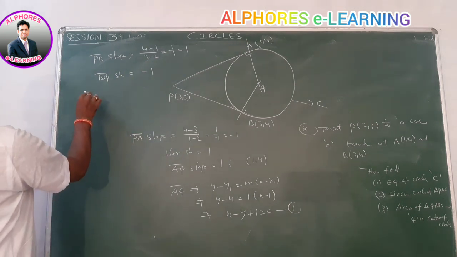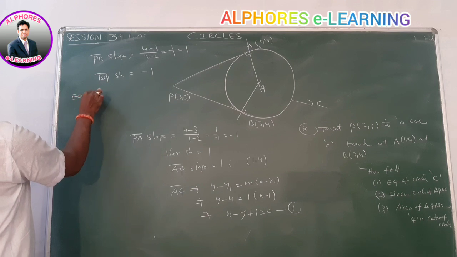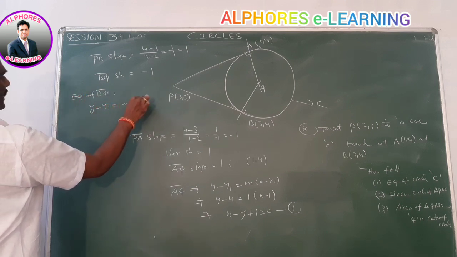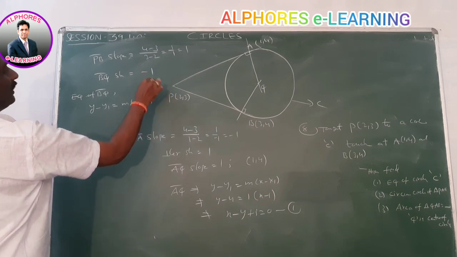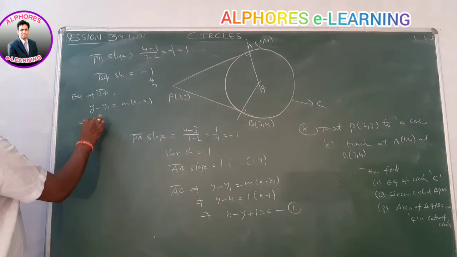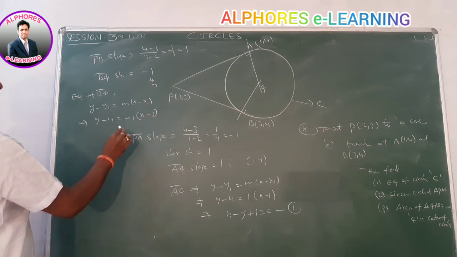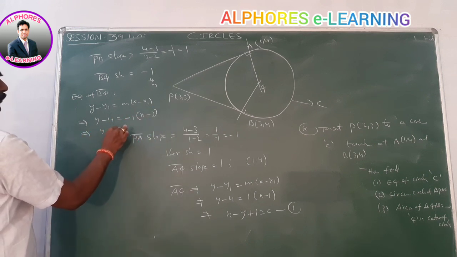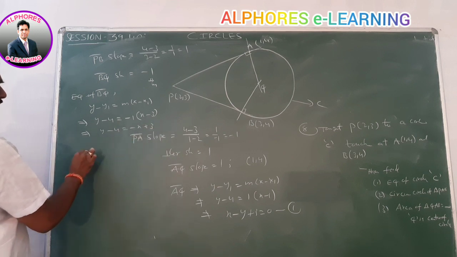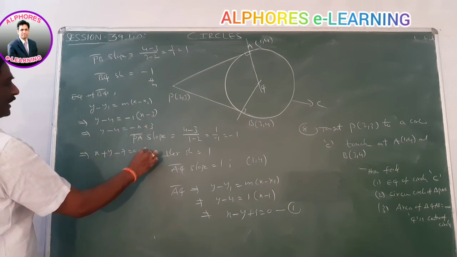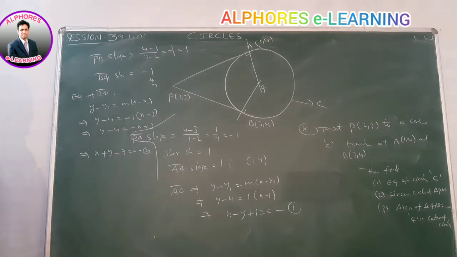The equation of BQ is y minus y1 equals m into (x minus x1), with m equal to minus 1 and the point (3, 4). So y minus 4 equals minus 1 into (x minus 3), which implies y minus 4 equals minus x plus 3, that is x plus y minus 7 equals 0. It is equation number 2.